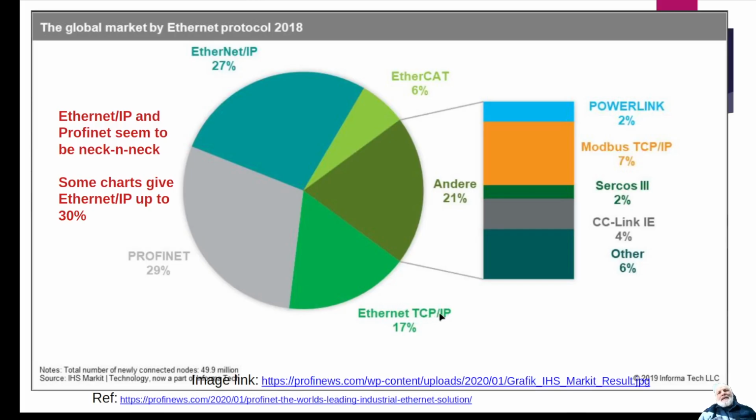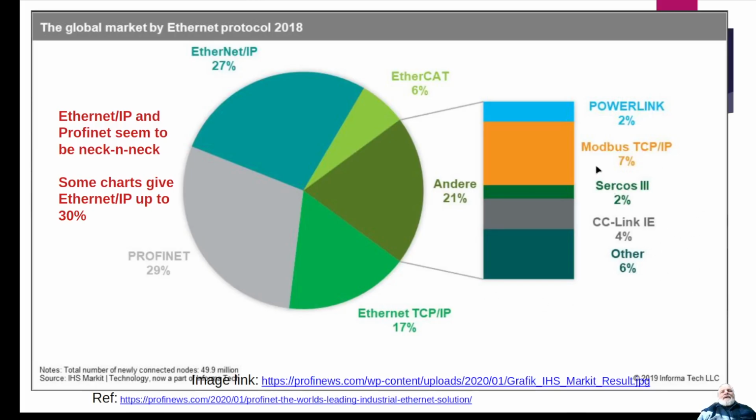TCP/IP. Now, TCP/IP is not real time. It's just a standard network that you have when you just go in and plug in your laptop and try to watch YouTube videos or whatever. So this is not real time, but again, it's so fast that a lot of times you can get away with the fact that it's not guaranteed real time.